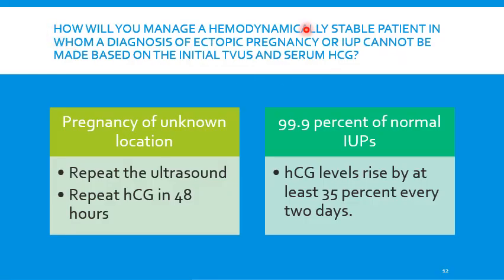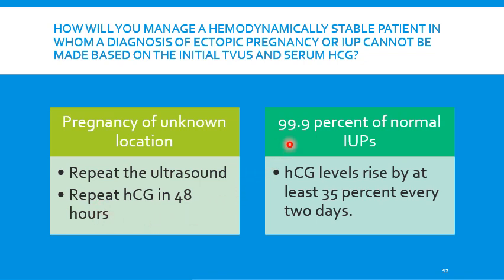In such a clinical situation, you make a diagnosis of pregnancy of unknown location. What you need to do is repeat the ultrasound as clinically indicated within 2 to 7 days and repeat the HCG in 48 hours.